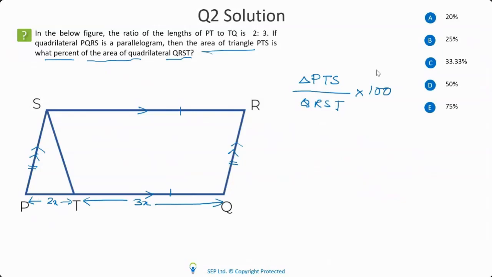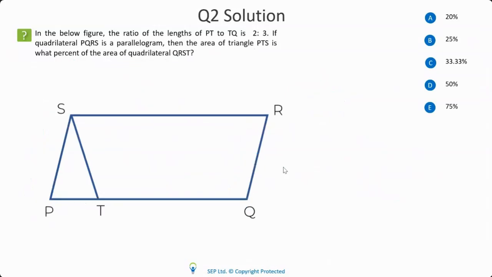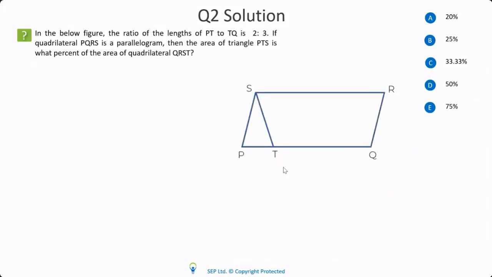Now, how to solve such questions? There are two properties which I think are very important to solve such questions. In fact, in GMAT, recently I've seen certain questions being asked on this. I'll go to the next slide because I want to draw a few diagrams, and I'll come back to this, but first let's talk about some properties.